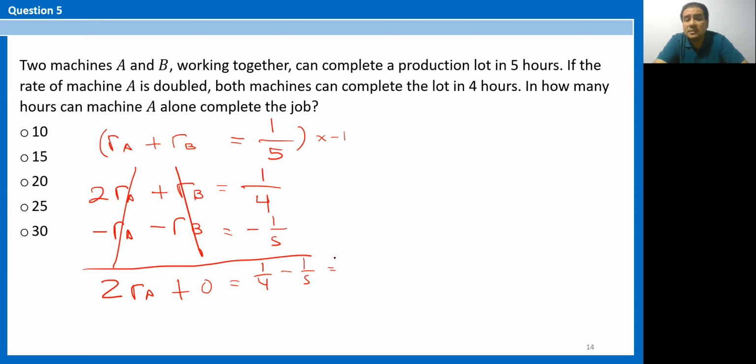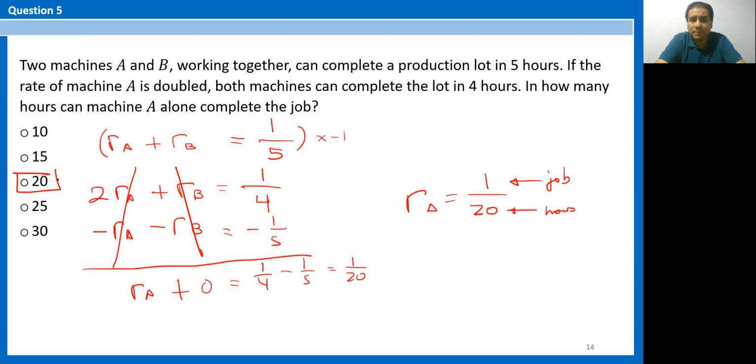So this is just, here I need to clear this. And here would be 1/20, right? So if the rate of machine A is 1/20, this means that it does one job in 20 hours. The answer is 20. One more example.